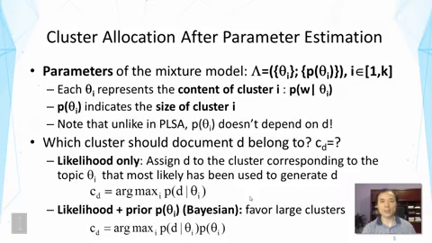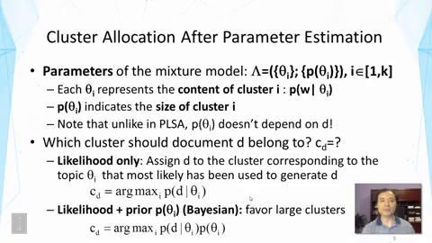Of course, given a particular document, we still have to infer which topic is more likely to generate the document. So in that sense, we can still have a document-dependent probability of clusters.